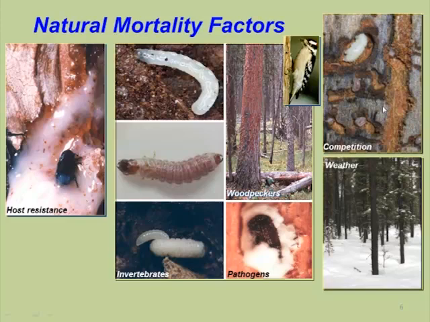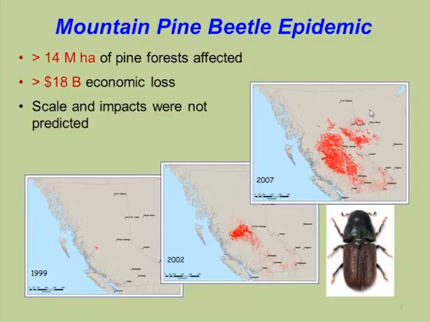Competition is really important, intraspecific or interspecific, between the same species or different species. Competition and the weather, especially winter mortality, are really important. But in some cases these organisms don't do a good job, or due to environment or other factors, you see a big mass outbreak.